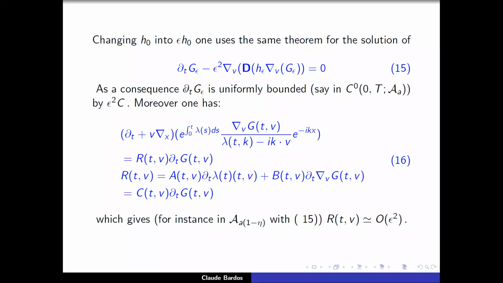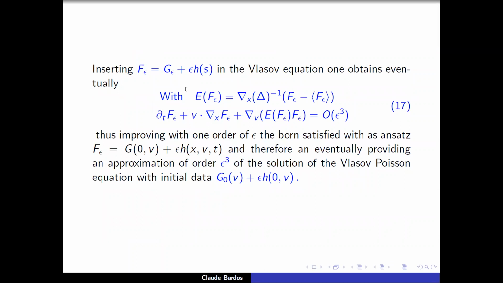So that's the way I can turn the crank, and I insert G epsilon plus epsilon HS in the Vlasov equation. Observe that I get EF where epsilon is the gradient of the Laplacian -1 of F epsilon minus F epsilon.